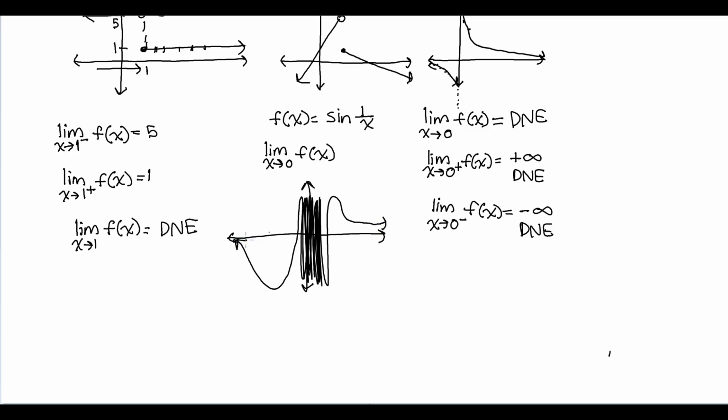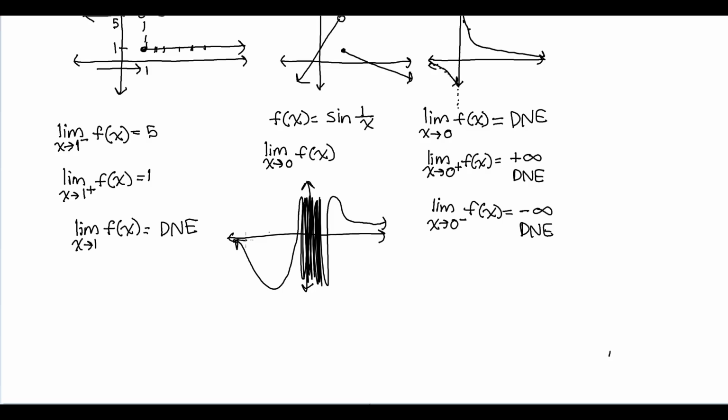If you were to make a table for different values of x, such as 2 over pi, then 1 over 2 over pi gives sine of pi over 2, that's 1. For 2 over 3 pi, f would be sine of 3 pi over 2, that's negative 1.